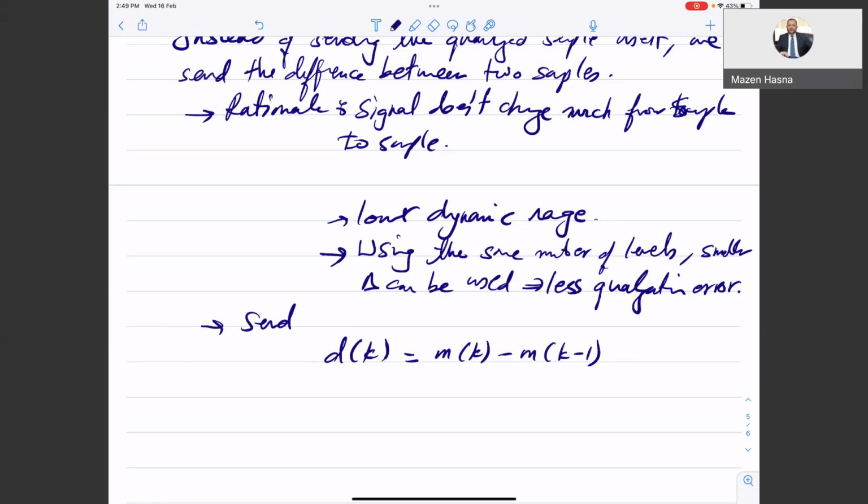Even a smarter guy came. He said, we will not send the difference. What we will do is predict the next sample. I have the samples coming, so before the next sample comes, I will predict its value, and then I will send the difference between the sample and its prediction. Because if you are estimating the sample, you will get closer to it.